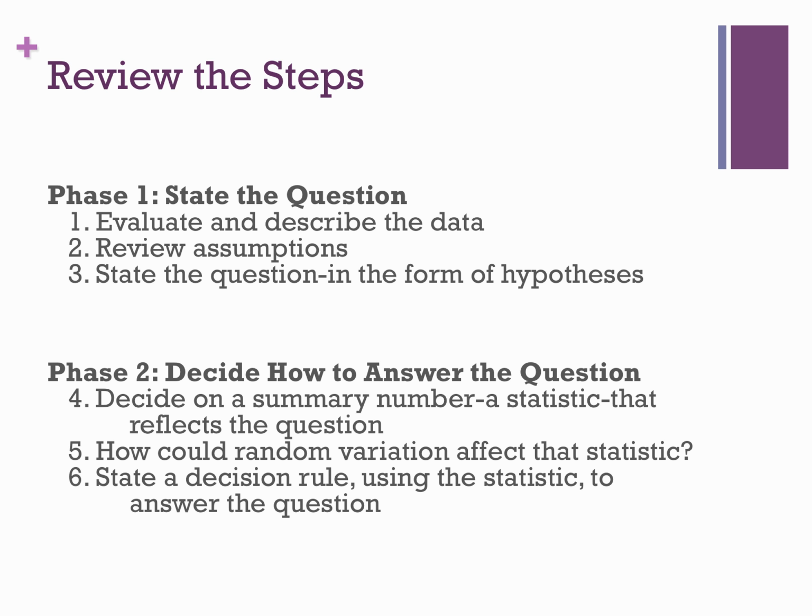Step 5, determining how random variation can affect that statistic. Remember, if everything is random and what we see is due to chance, we expect to see values near our expected proportion or our null proportion. And step 6 is where we decide on a decision rule to test the statistic.